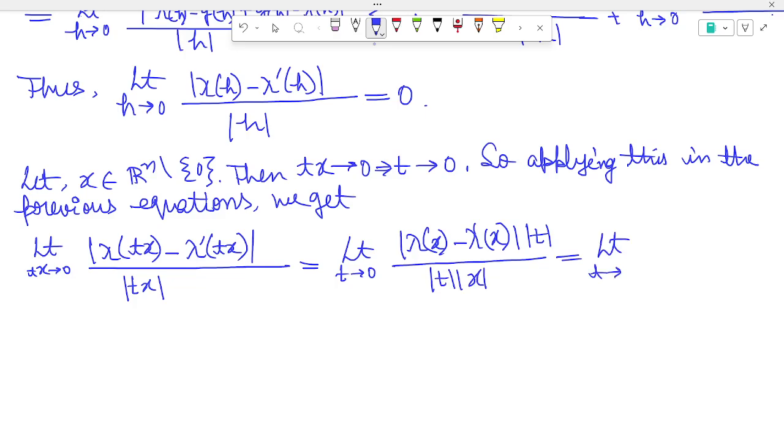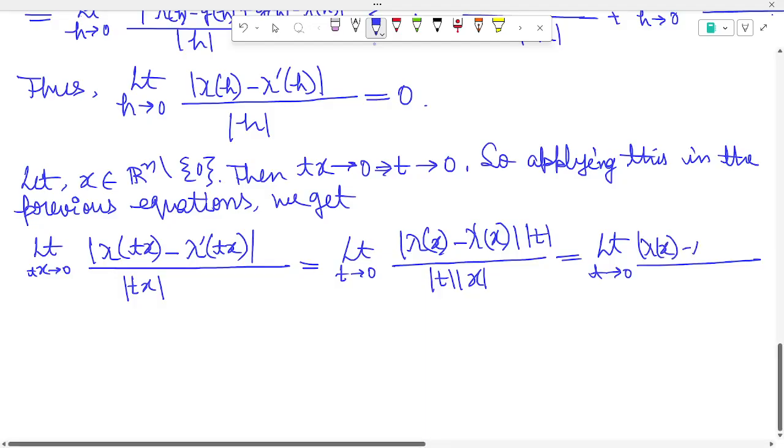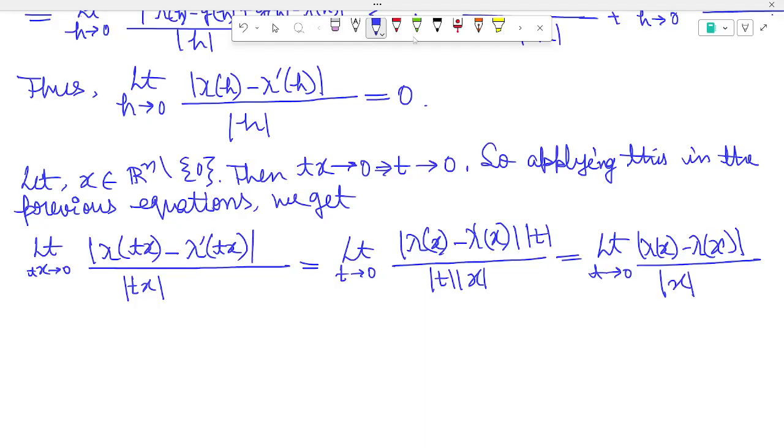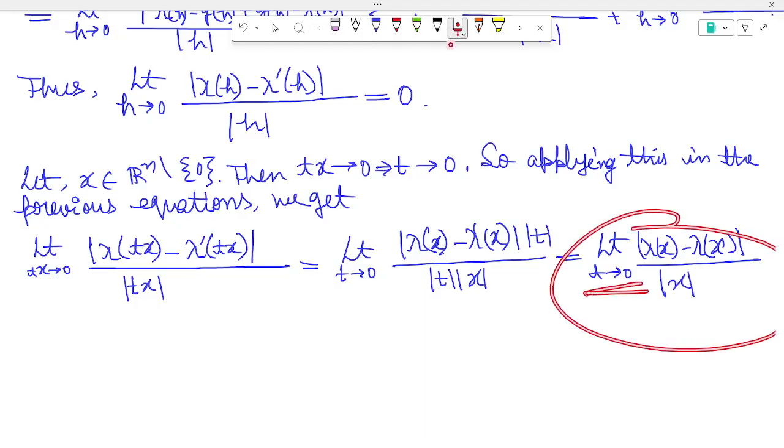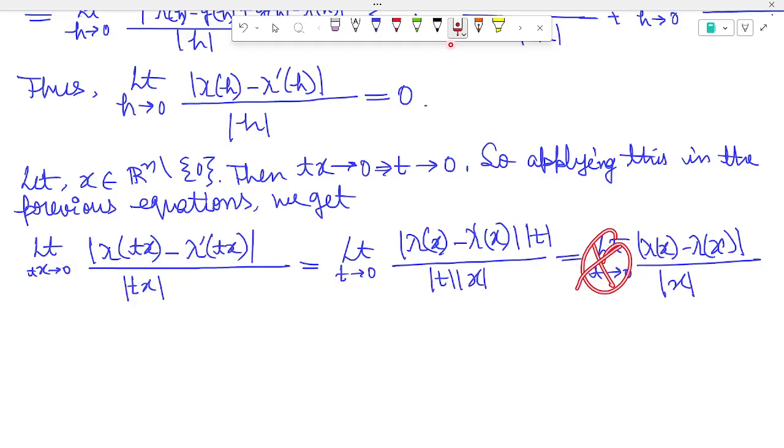We will be left with this thing. But observe that this term is independent of t, so I can remove this thing.